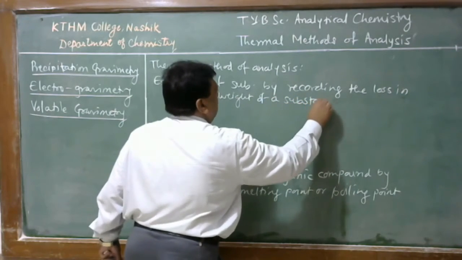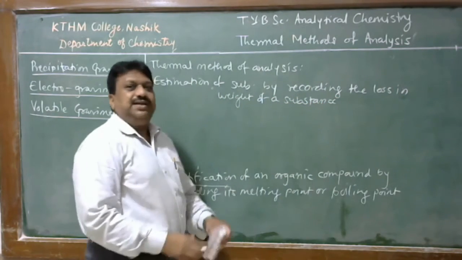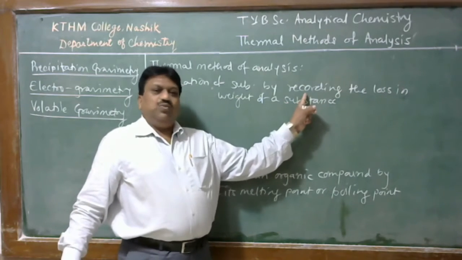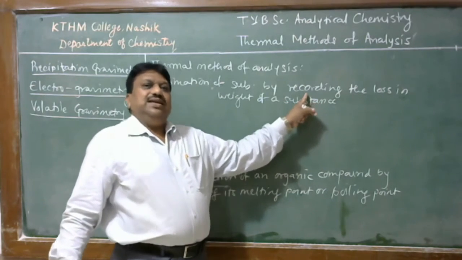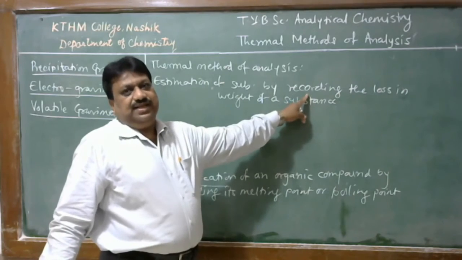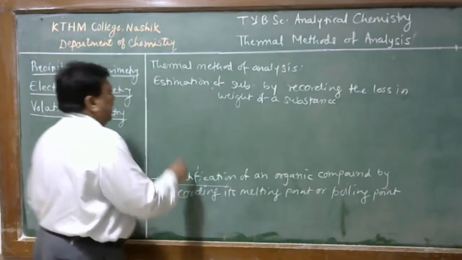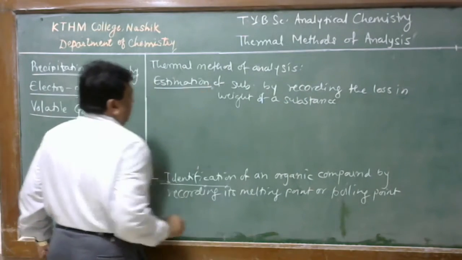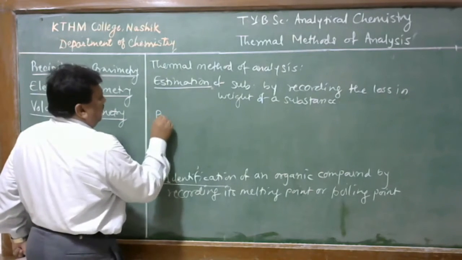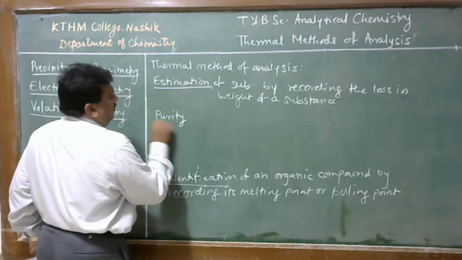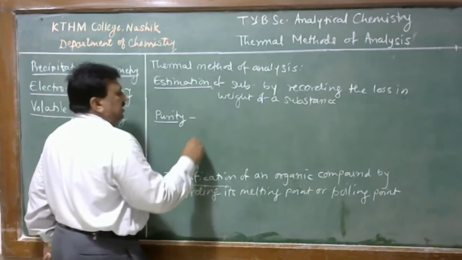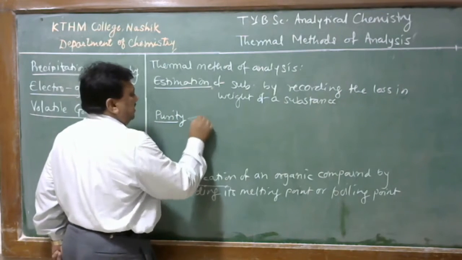That means whatever the amount of material that is lost, based on that we can quantify the material which is heated in a thermobalance. Therefore, identification and estimation. Along with this, the thermal method can be used to determine the purity of a substance.